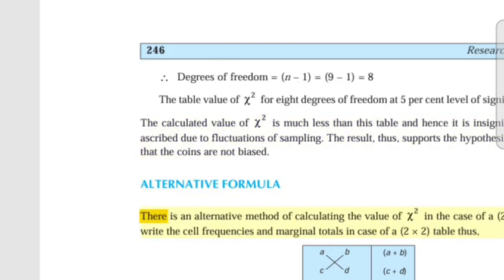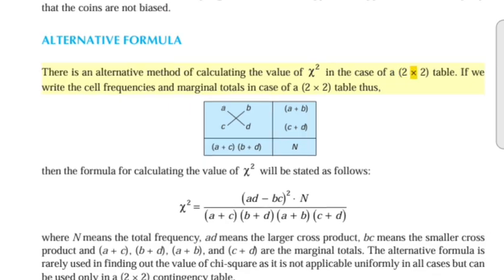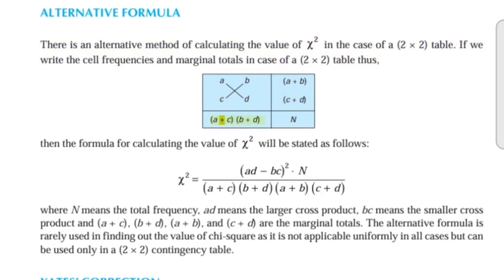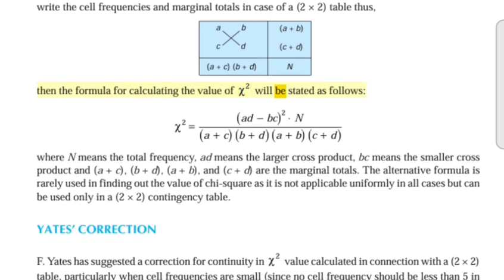Alternative formula. There is an alternative method of calculating the value of chi-square in the case of a 2 times 2 table. If we write the cell frequencies and marginal totals in case of a 2 times 2 table thus, a, b, c, d, a plus b, c plus d, a plus c, b plus d, then the formula for calculating the value of chi-square will be stated as follows.